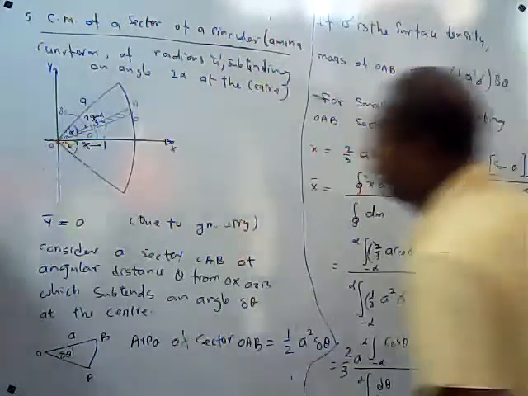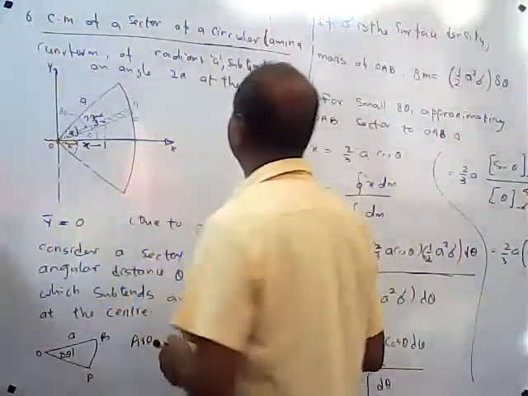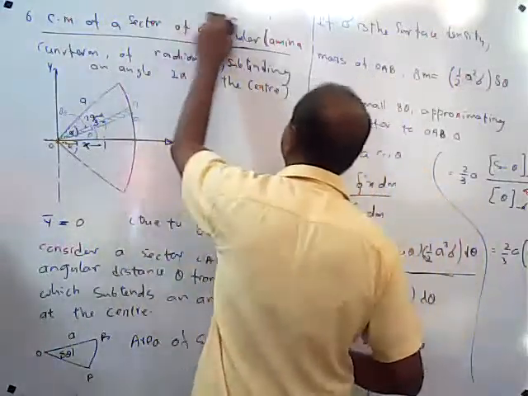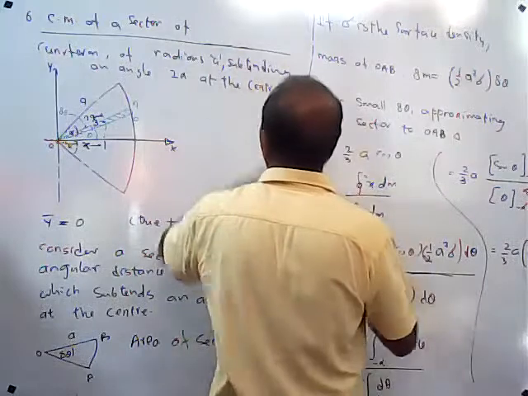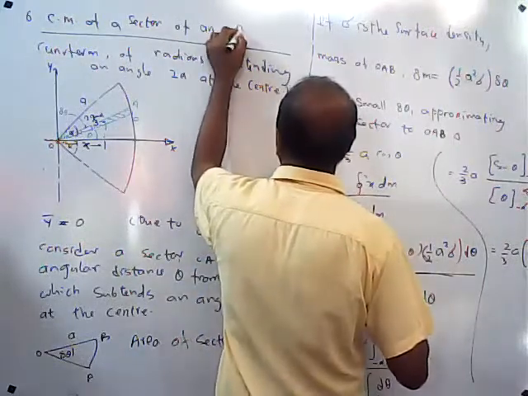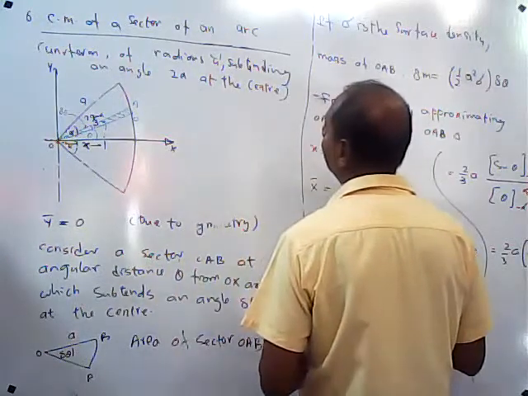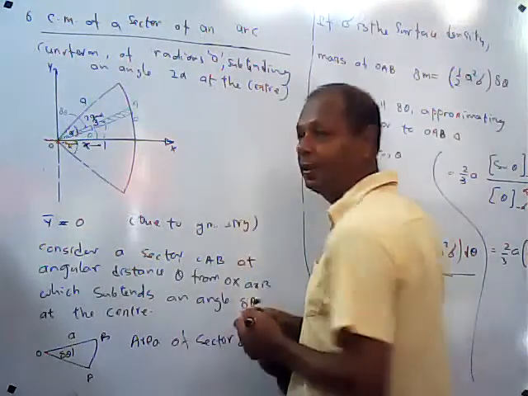Okay, next is the center of mass of an arc. Again, uniform, of radius A, an arc.